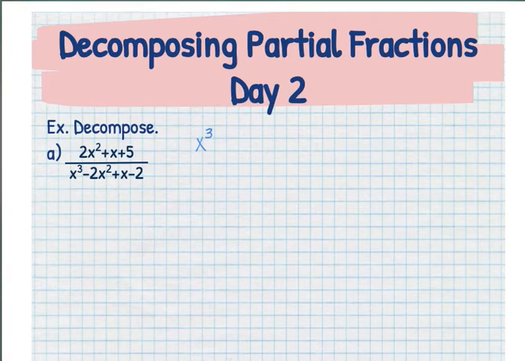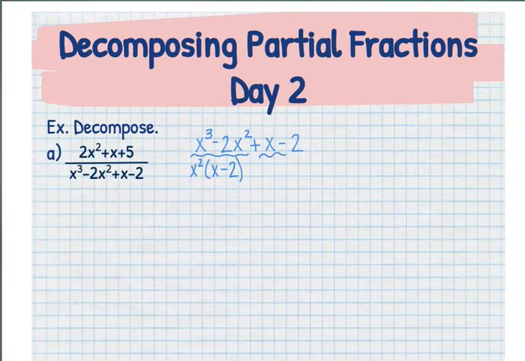So we have x cubed minus 2x squared plus x minus 2. The way we're going to factor this is by grouping and splitting the middle term. So we're going to look for the greatest common factor of the first two terms. That's going to be x squared. And when we factor that out, we're left with x minus 2.